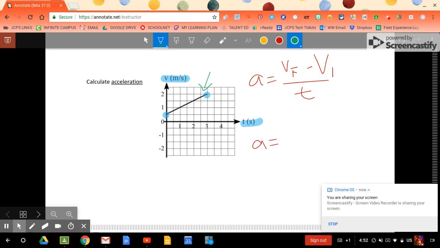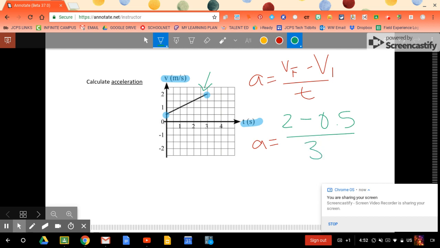So my velocity would be 3. No, it should be 2. So your final velocity is 2 minus your initial velocity of 0.5 divided by the time it took, so from 0 to 3.